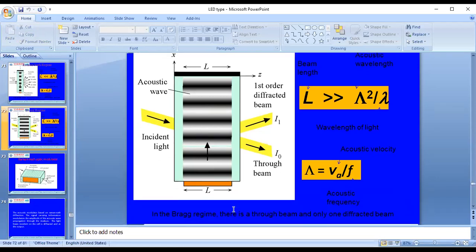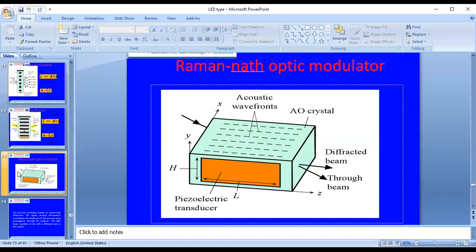Now when you see the Raman-Nath optic modulator clearly, here incident light is applied. The acoustic wave fronts will be considered, and then the diffracted output signal will be taken as zero order, first order, and second order.